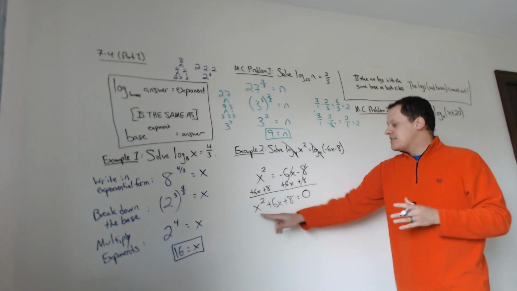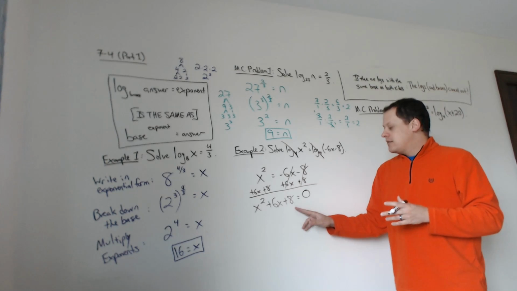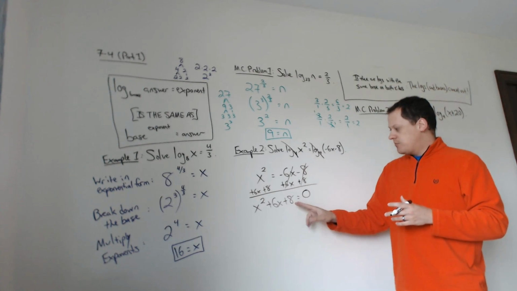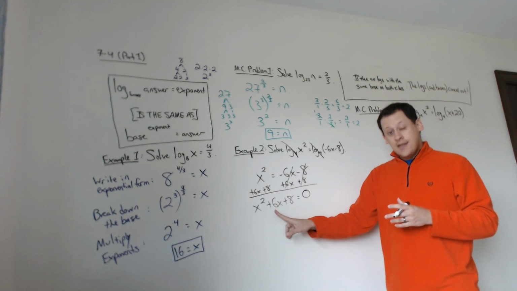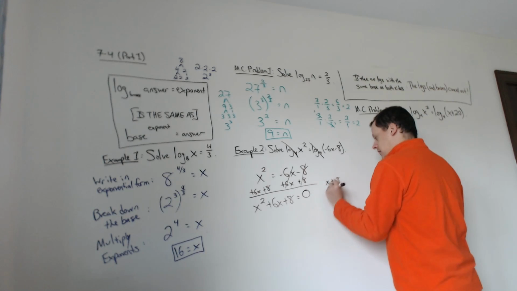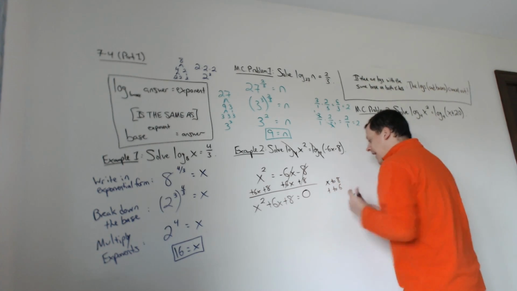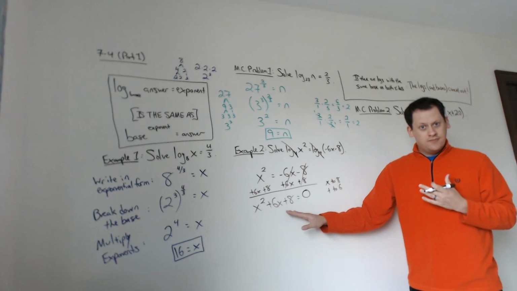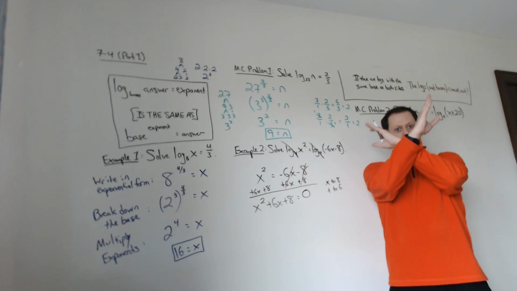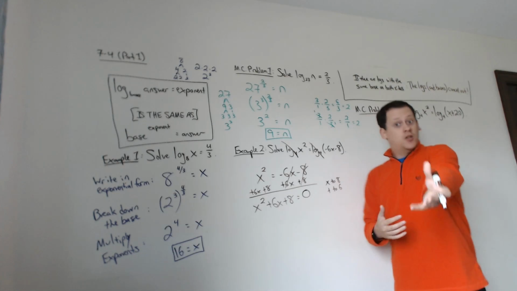I might see if this factors somehow. So what you could do is try and find two numbers that multiply to 8 and add to 6. And I've got my own way of factoring. I write this off to the side. If you use the X method where you write numbers at the top and bottom, do that.